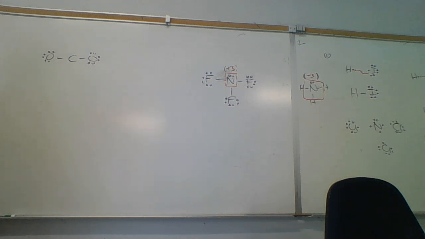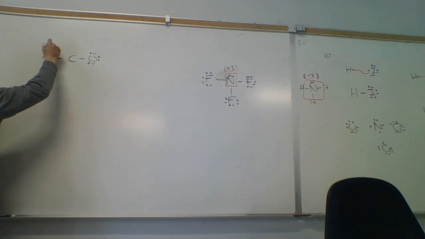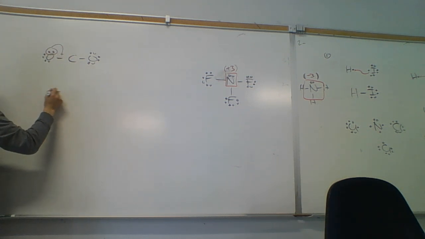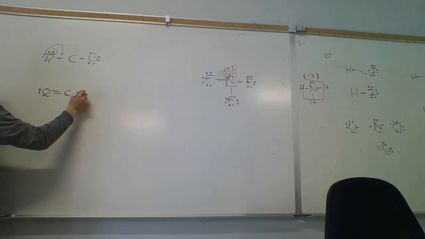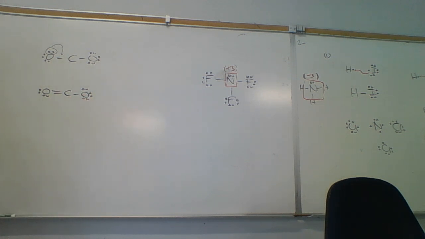And so what I'm going to do is make a double bond, like that. If I make 1 double bond, is that enough? No, it's not enough. You see that? Carbon still doesn't have an octet. So what should I do here? I have a choice. I can make a triple bond.